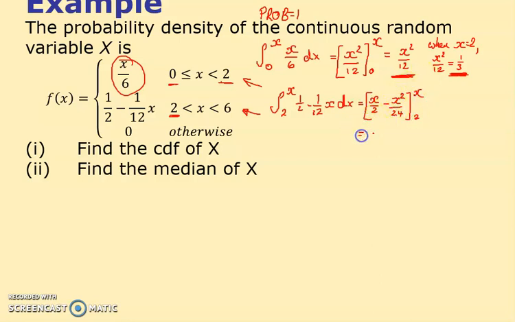And when I do that, I obviously get x over 2 minus x squared over 24. And if I put the 2 in, 2 over 2 is 1, and 2 squared is 4, divided by 24 is a sixth, which I think is x over 2 minus x squared over 24 minus 5/6.